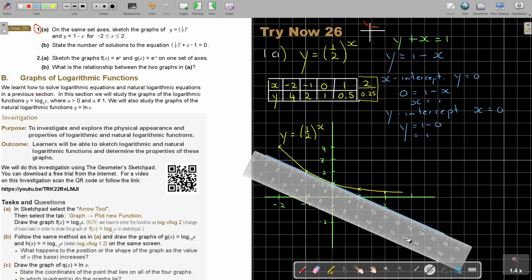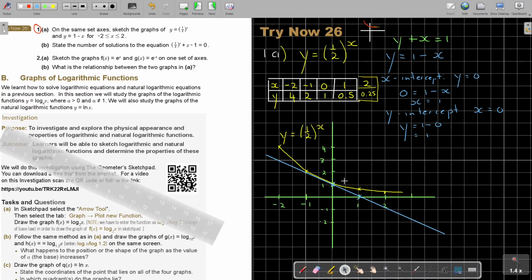Let's just move this away. But this yellow line is supposed to be a little bit lower, and I'm going to show you. So this is actually a challenging one.